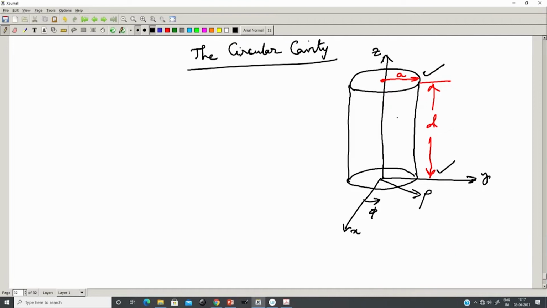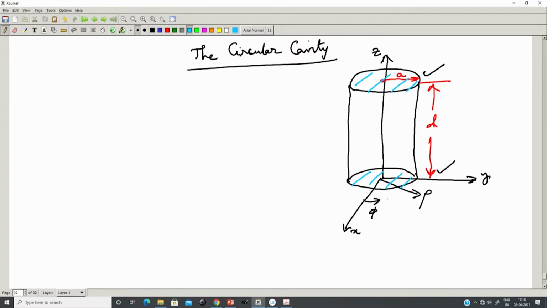So, the additional boundary conditions must be satisfied at this surface and at this surface, which means the tangential electric field, E rho and E phi, must vanish at z equal to 0 and z equal to d.